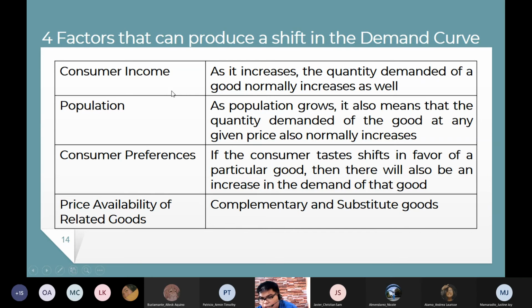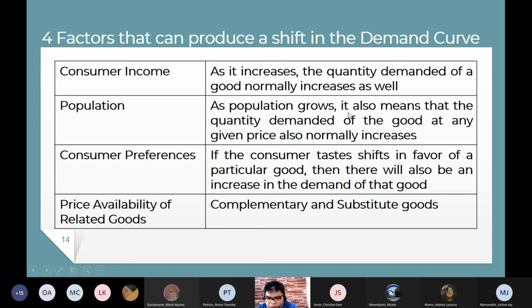Population. Ito pang kalahatan na to. As population grows, it also means that the quantity demanded of the good at any given price also normally increases. So, Sir, English. I know most of you understand naman, pero i-explain ko pa rin. Habang dumadami tayo, let's say sa Pilipinas, dumadami ang populasyon. Siyempre, dumadami rin yung quantity na kailangan. Yung demand. Dumadami yung demand.